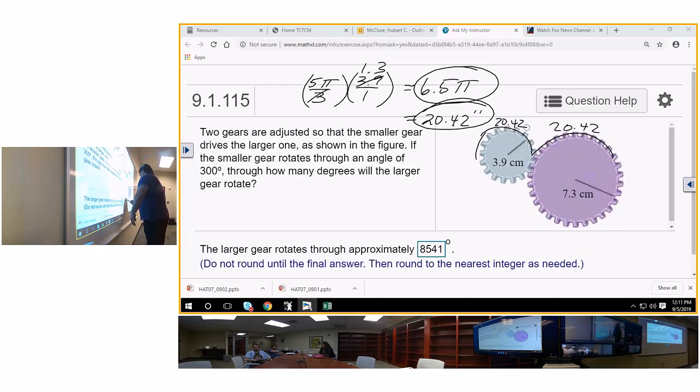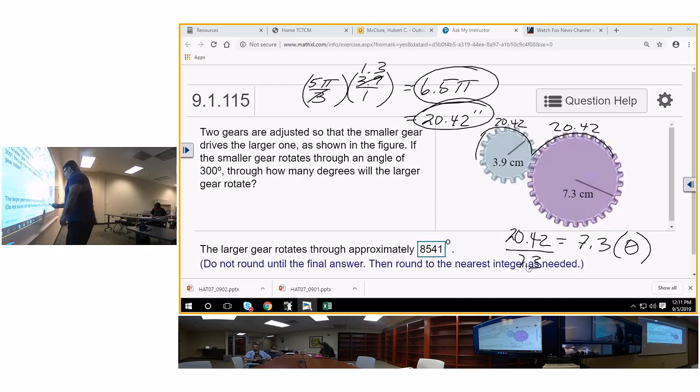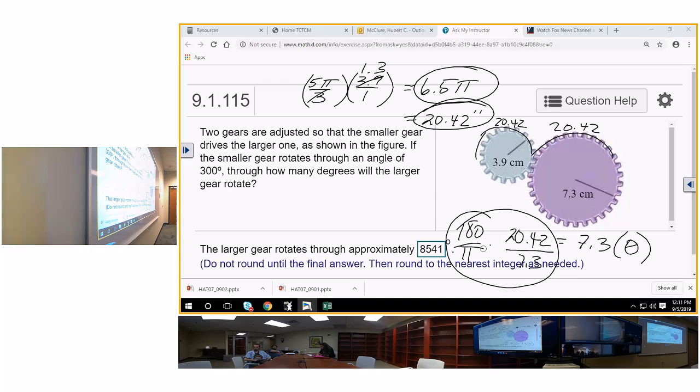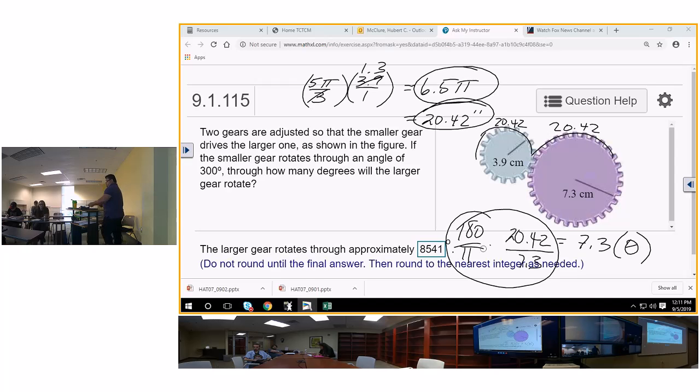And that would be 20.42 is equal to 7.3 times theta, divided by 7.3, multiplied by 180 over pi. Somebody tell me how many degrees that comes out to. I'll go ahead and put 20.42 in here.